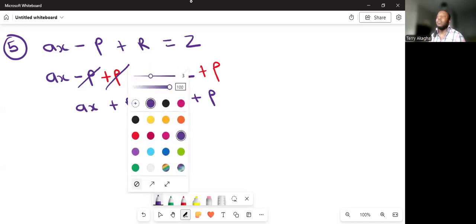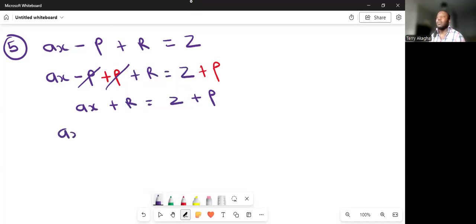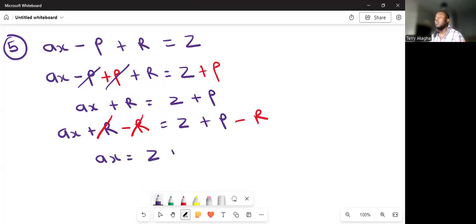So it's going to give me ax plus r minus r will be equal to z plus p minus r. Same thing. This is going to cancel that. So we're going to have ax is equal to z plus p minus r.